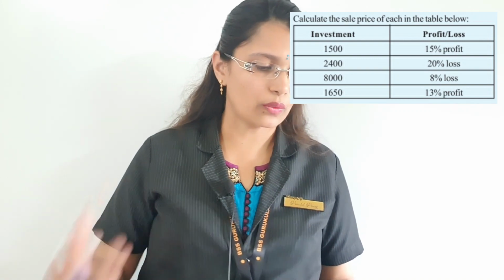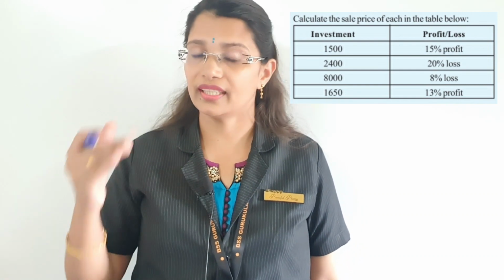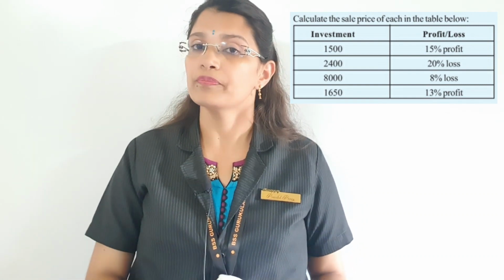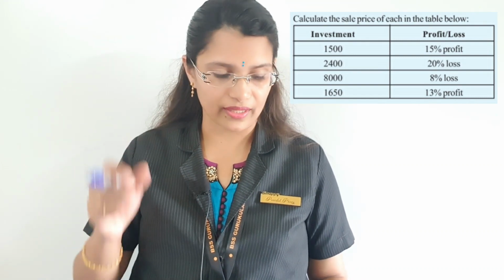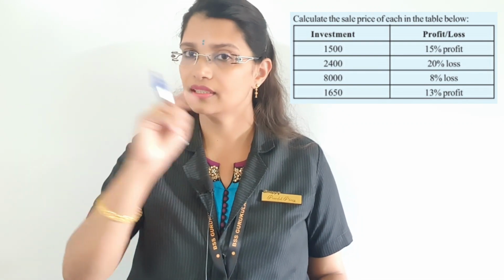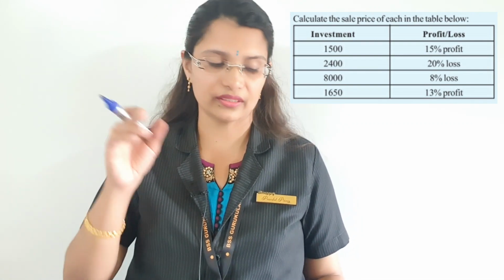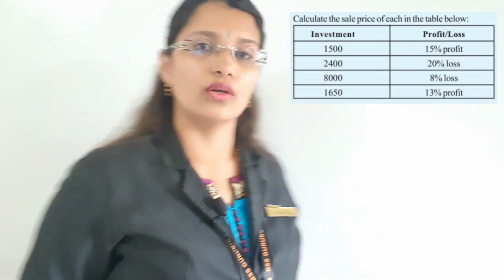Okay. So how to find out this? Here 15% profit is given. So in that easy way you can do 100 plus 15, 115. So 115%, to remove that percentage sign, divide by 100. So 115 divided by 100 into 1500.